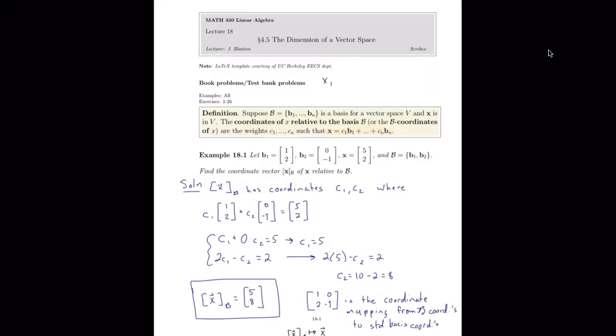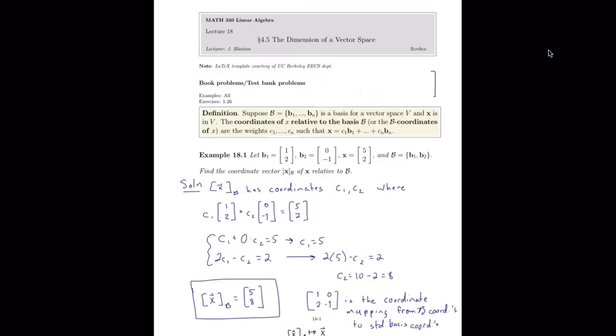The vector x1, x2 has weight x1 against the first basis vector, b1, and x2 times b2 for the second, since we only have two basis vectors. So our vector in standard coordinates consisted of x1, x2. If we change the basis, it's going to consist of different weights in order to form that same vector. Let's see how that happens down below in the example.